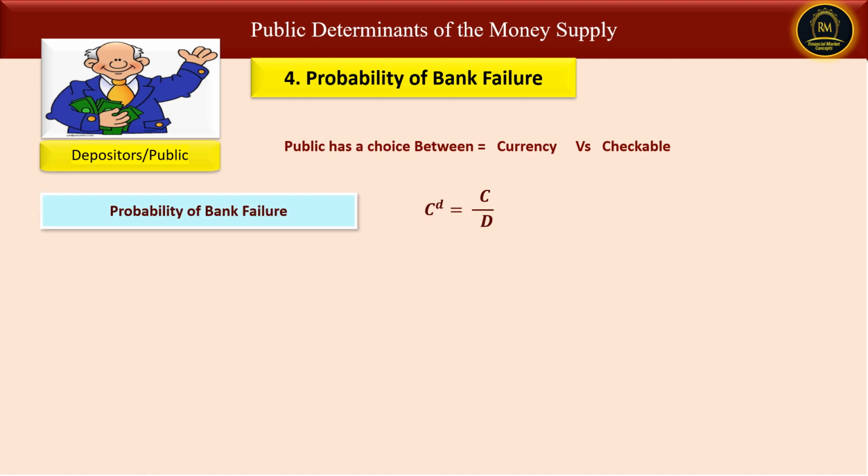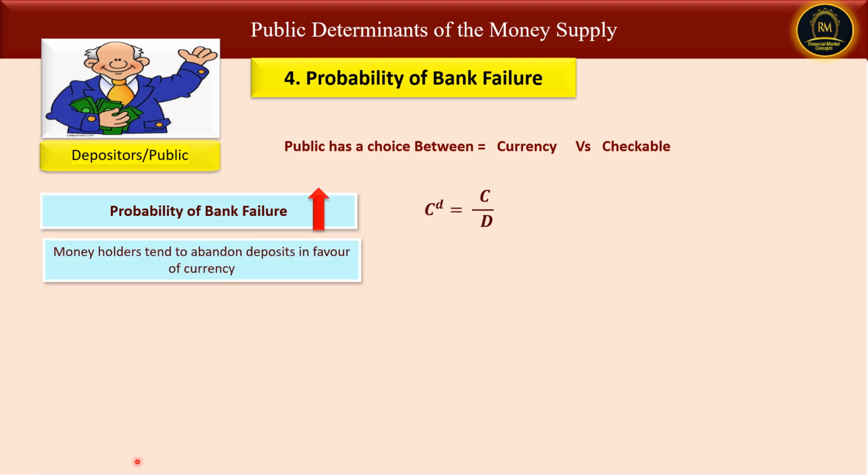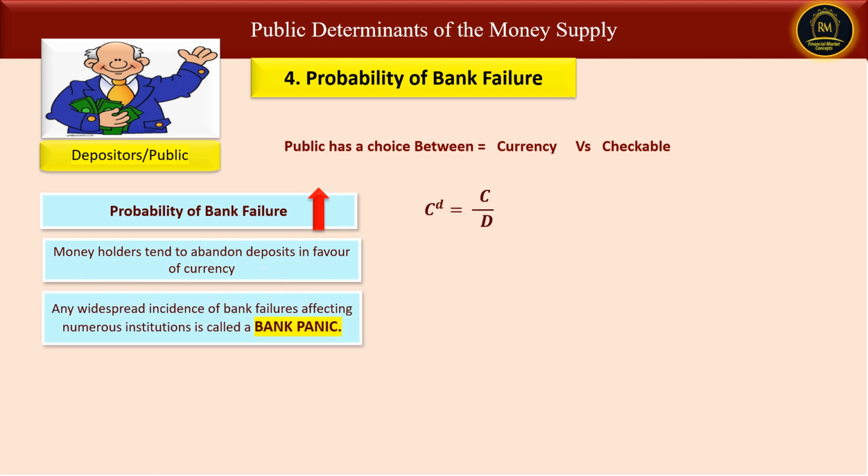Now suppose the probability of bank failure in our country increases. This is definitely going to reduce the confidence of the public in banks. As a result, money holders tend to abandon deposits in favor of currency in hand. This widespread incidence of bank failure affecting numerous institutions is called bank panic.